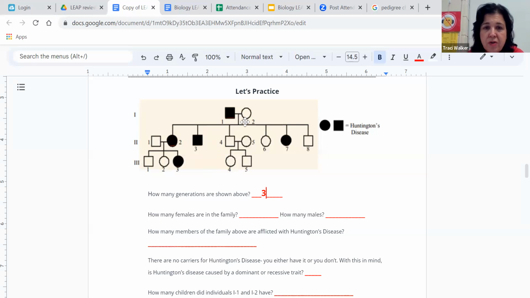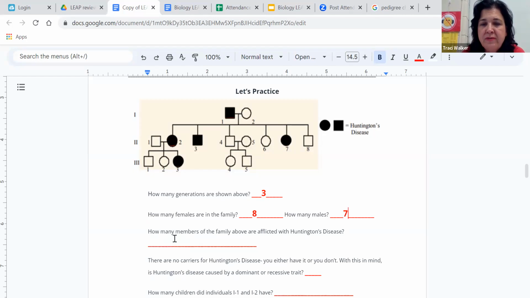So let's count the circles. There's 1, 2, 3, 4, 5, 6, 7, 8. So 8 females. And then the males are the squares. So let's count the squares. 1, 2, 3, 4, 5, 6, 7. So 7 males.